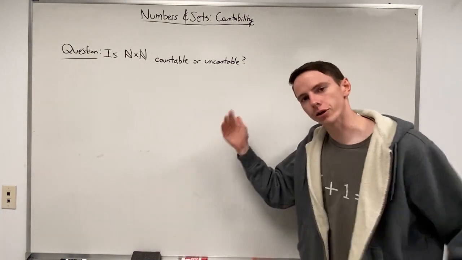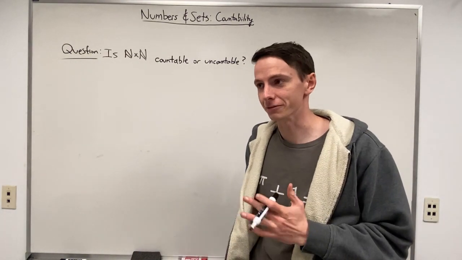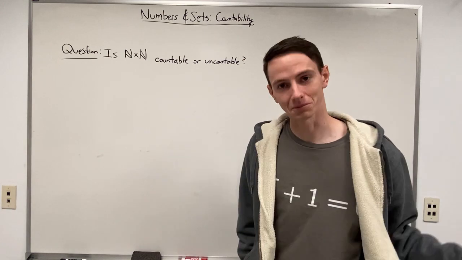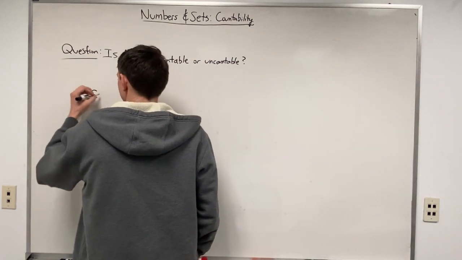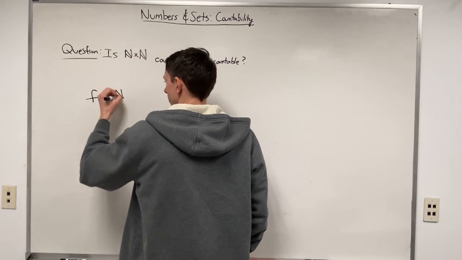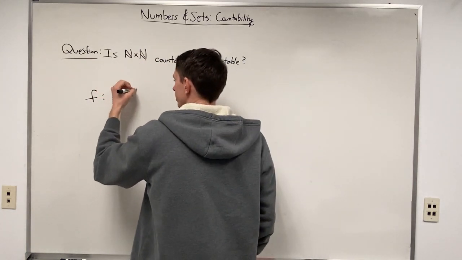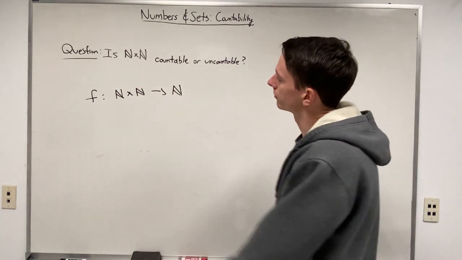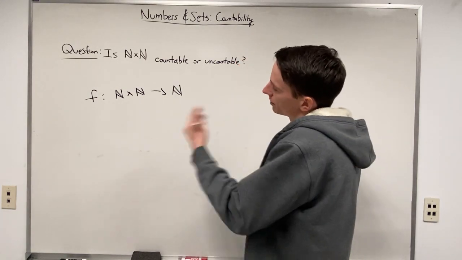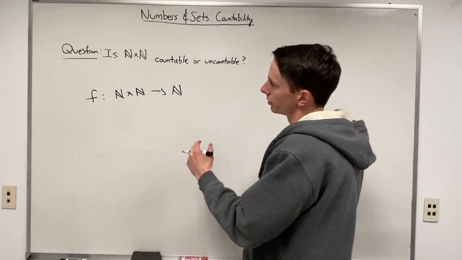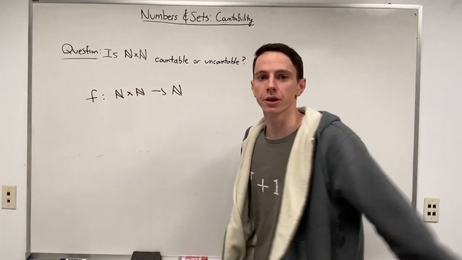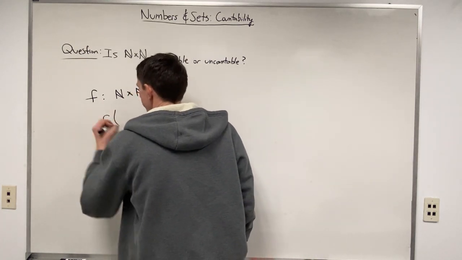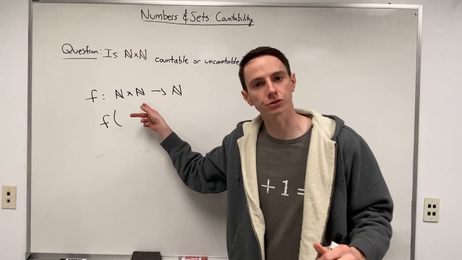We're just going to go through a similar process by coming up with a function and determining if that function satisfies the property of being countable or not. So let's define a function f, which goes from the Cartesian product N cross N into the natural numbers. Again, we would like to determine a function that ideally is injective, because that would immediately give us an answer that N squared is countable. So f needs to take in two elements from the domain.